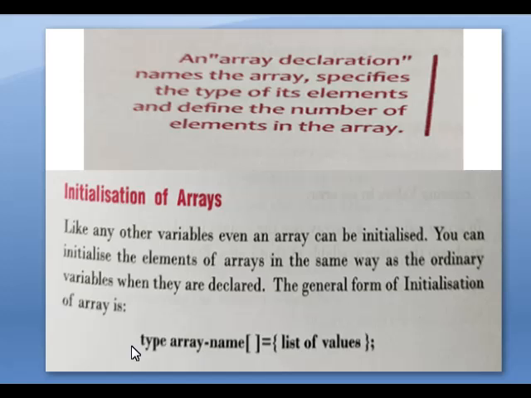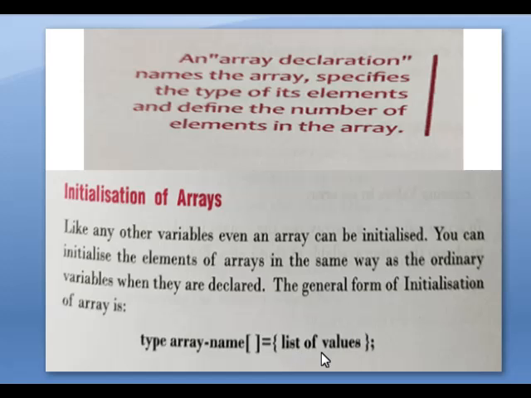Then you have to give the name of an array, X, Y, Z or ABC, whatever it may be, according to your choice. You have to give the array name equal to a list of values. If you are storing 10 numbers, then you have to give 10 numbers inside the curly braces. All the numbers are separated with a comma.